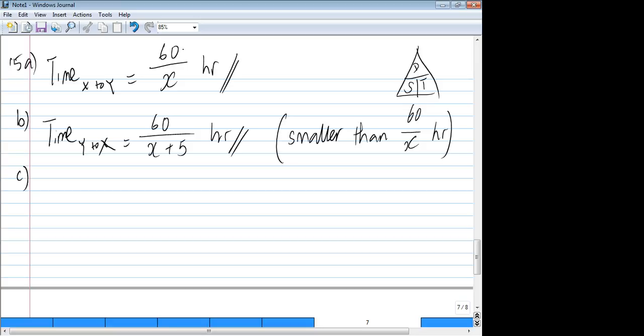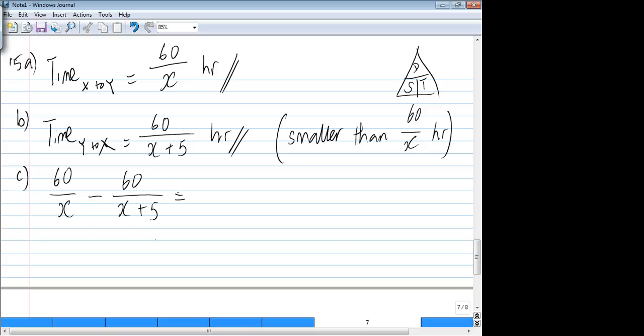Of course, we take the bigger one minus the smaller one, we will get 30 minutes, right? So which is the bigger one? 60 over x. So 60 over x, this is the time taken from x to y, minus the shorter time, which is 60 over x plus 5. These are in hours, right?